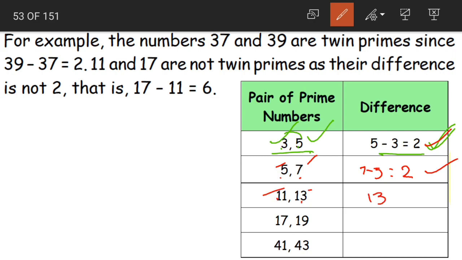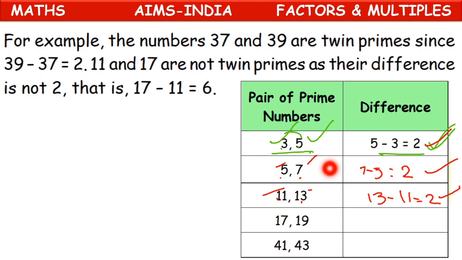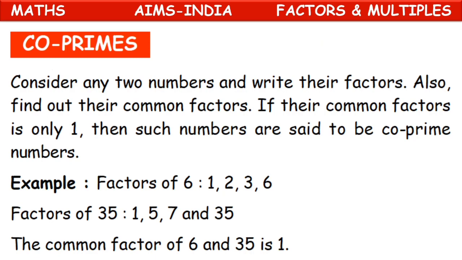Both are prime numbers and their difference is 2. Again, these are also our prime numbers. So these are the examples of certain twin primes that we have. What are they? 3, 5, 5, 7, 11, 13, 17, 19, 41, 43, 37 and 39.